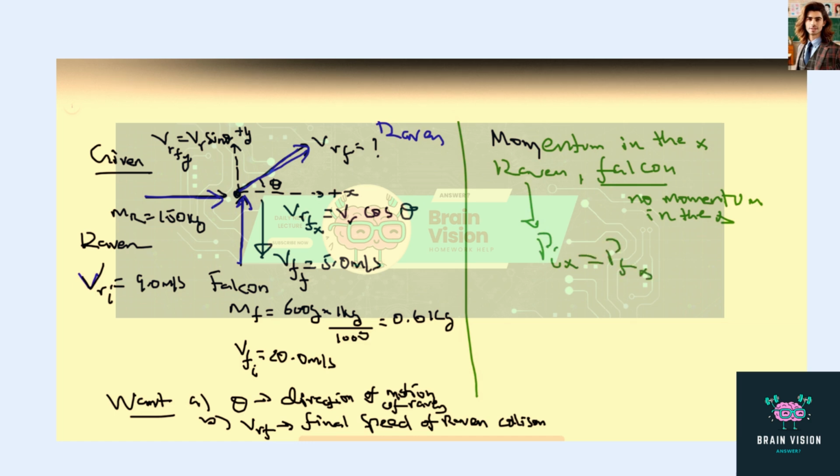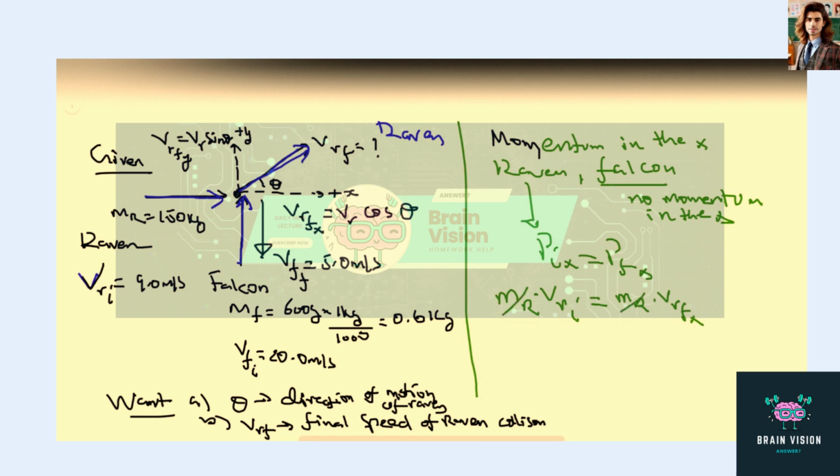The initial momentum of the raven is mr, the mass times the initial velocity, VRI. That's going to equal the final momentum of the raven in the x direction, so the mass of the raven times the final velocity of the raven in the x.